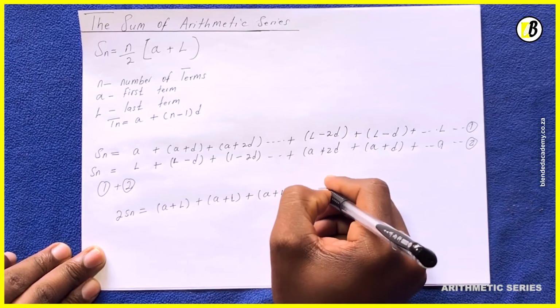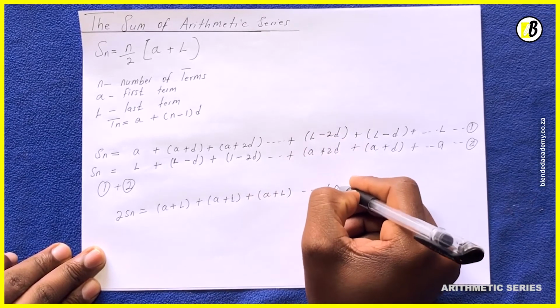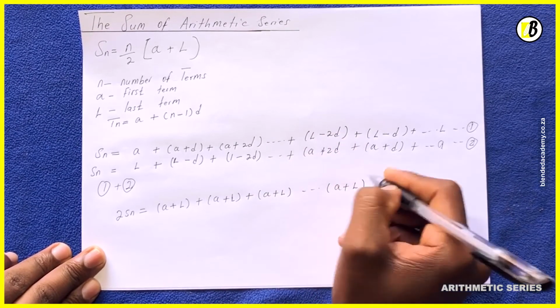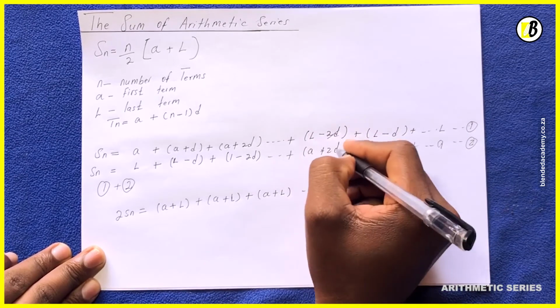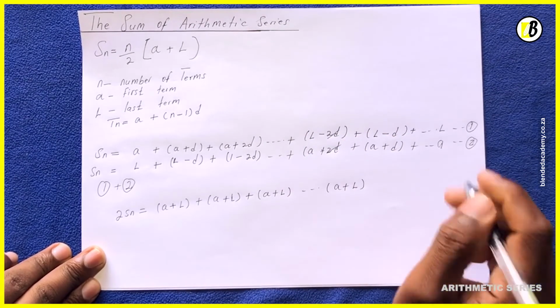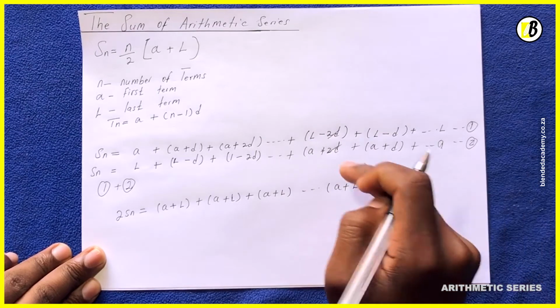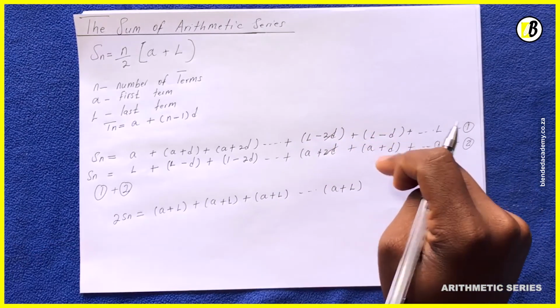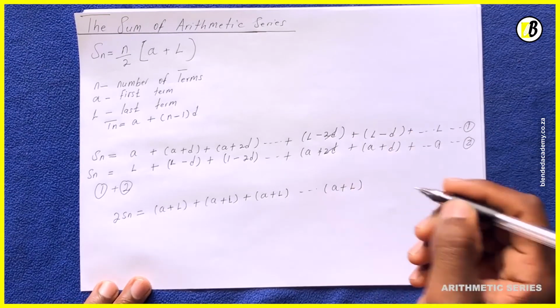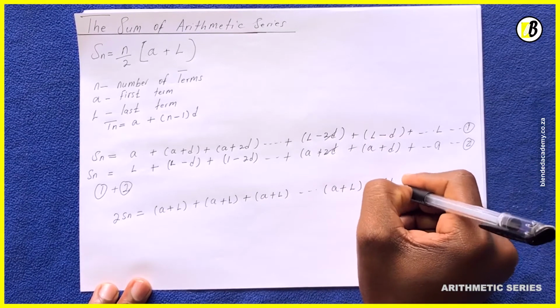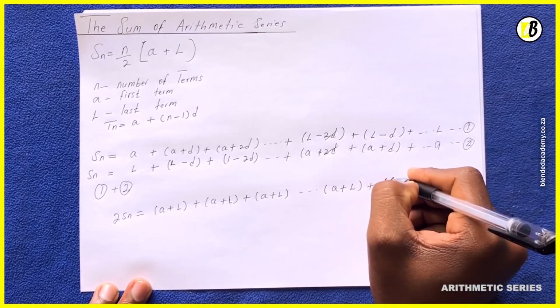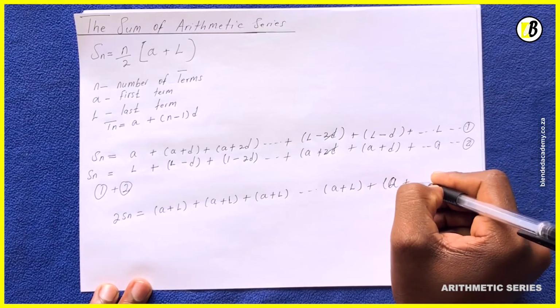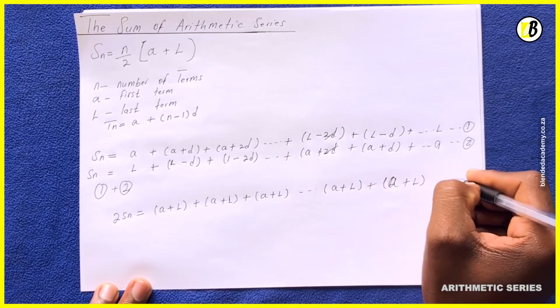Notice that 2d and negative 2d will cancel with each other because the signs are opposite, right? You're going to get a plus L.